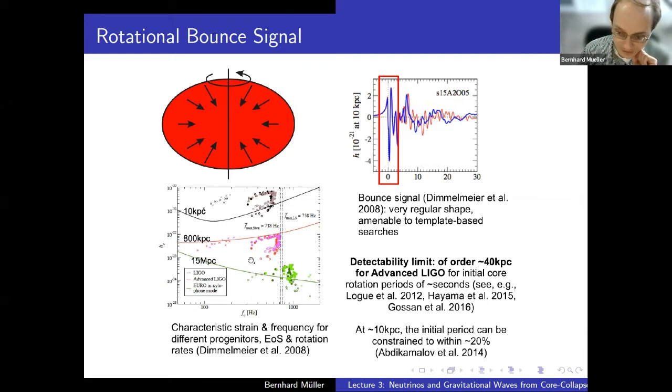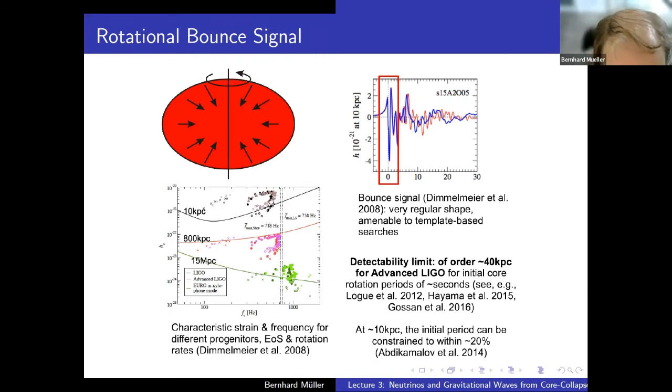And what you see here now are the characteristic frequency and strain of this signal for different progenitors, and actually two different equations of state, if I remember correctly.